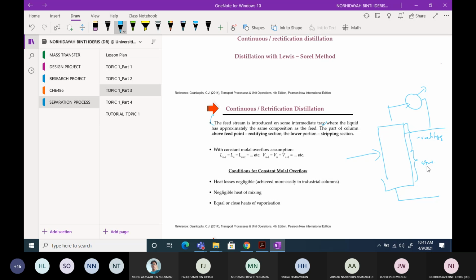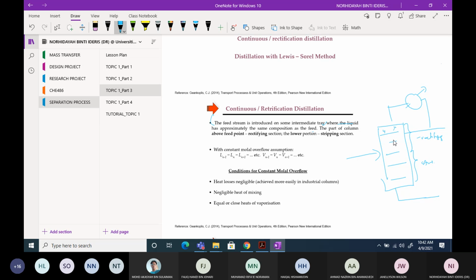The concept of this method is that the feed is introduced where the liquid has approximately the same composition as the feed. You have multiple stages, multiple n, and different n will give you different compositions of y and x.